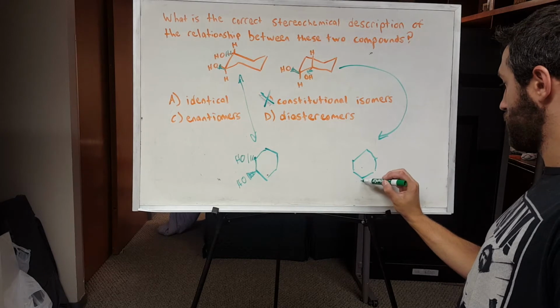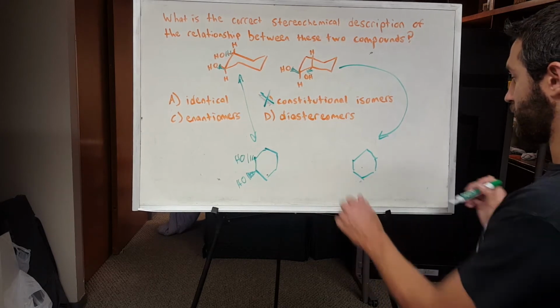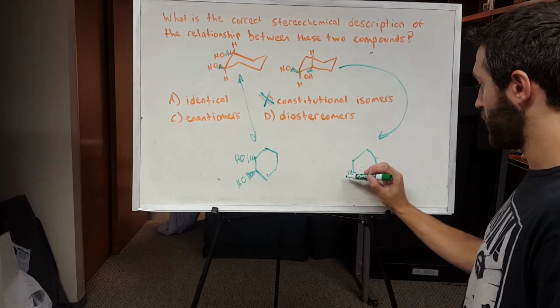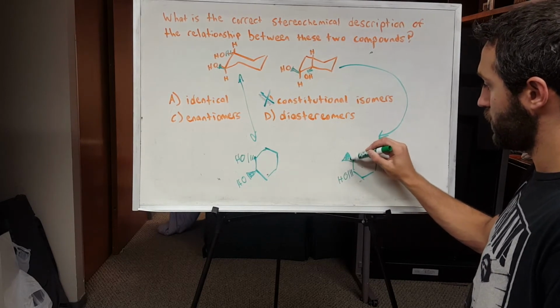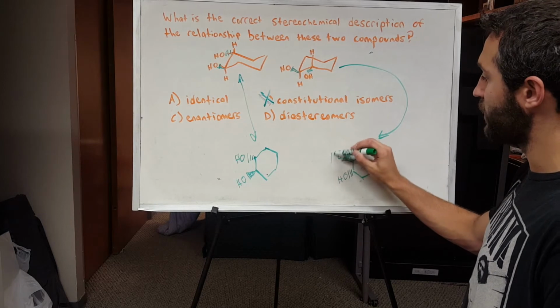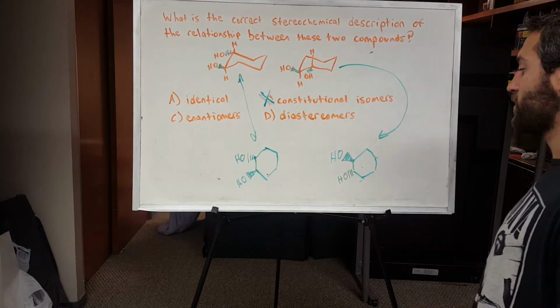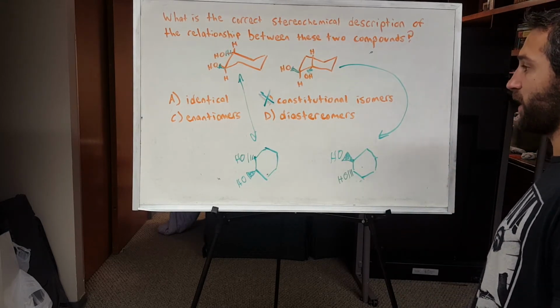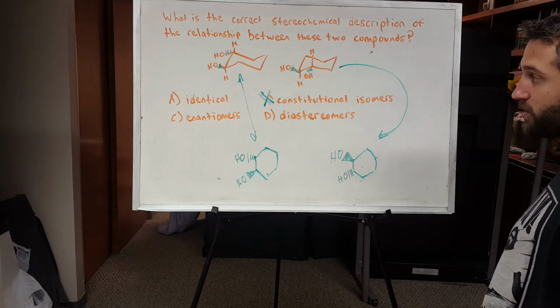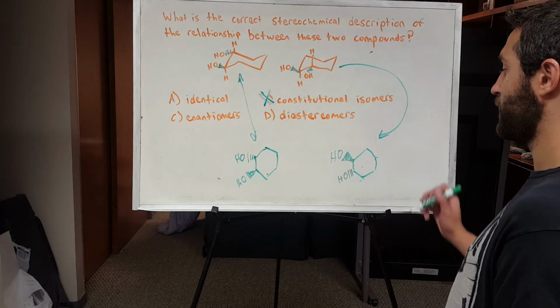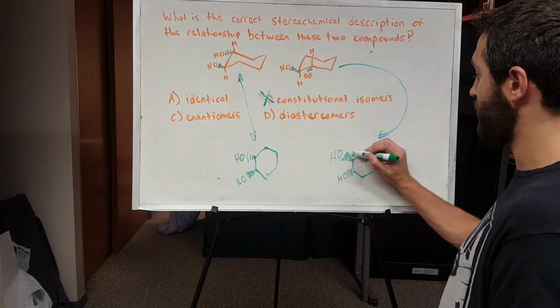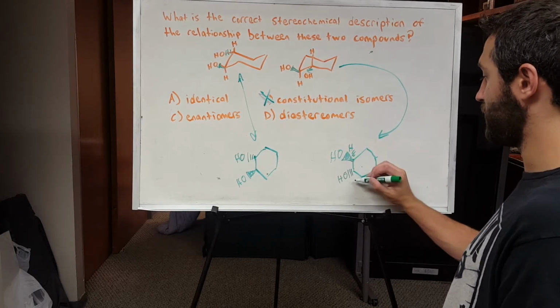Okay? So I'll actually do it right over here, OH. It's good if you can visualize these right away and tell which one's which, but I find it easiest just to use tricks, identify R and S, and then we'll have our answer. So if this OH is in the front, then H is in the back.